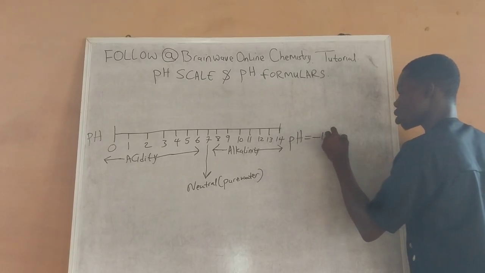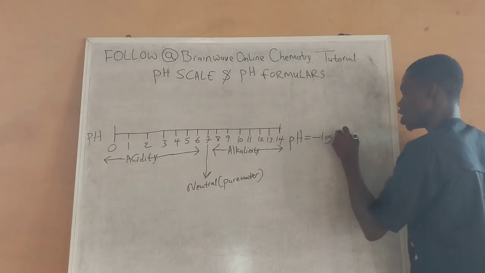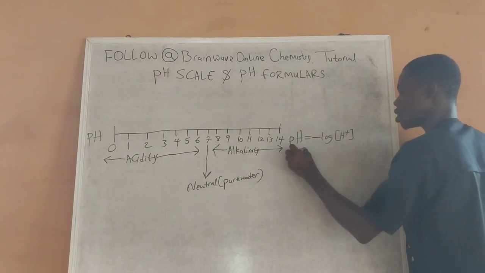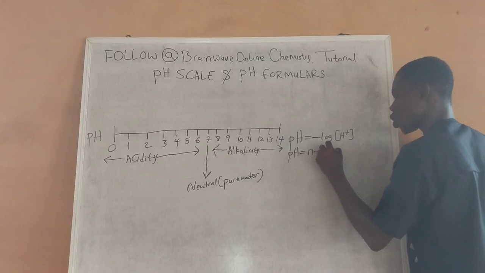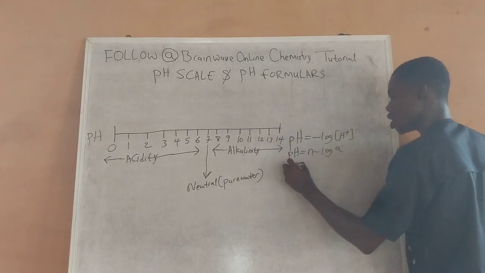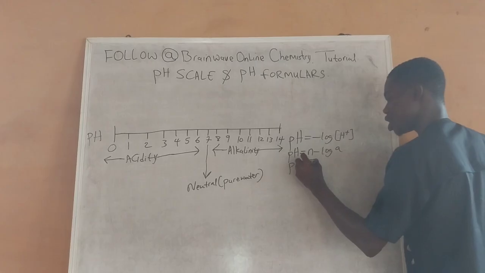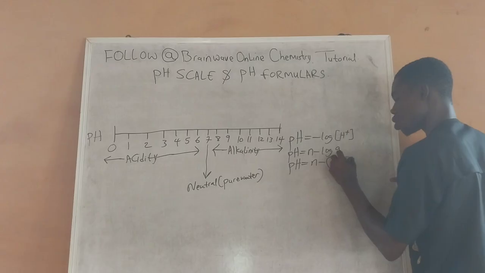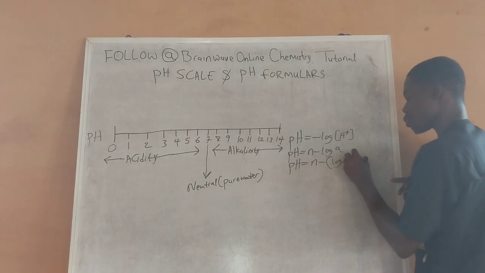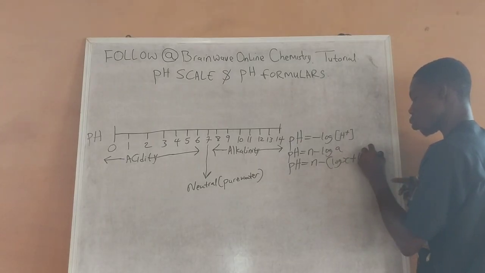Minus log hydrogen ion. pH equals what? Minus log A. pH equals what? Minus open bracket log S plus log Y over 2 close bracket.